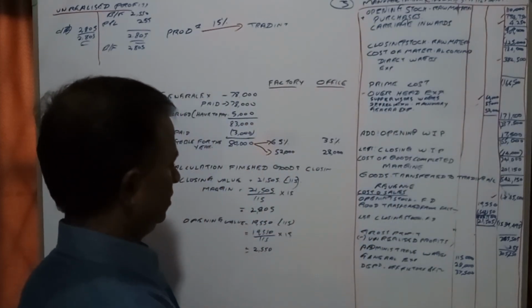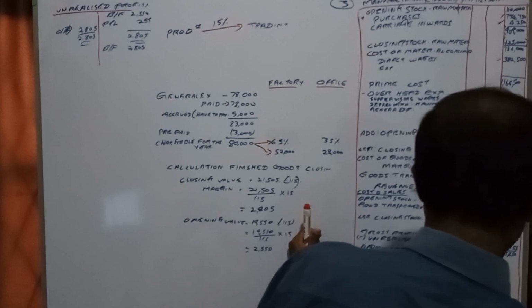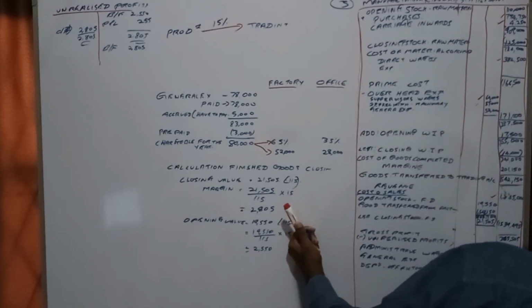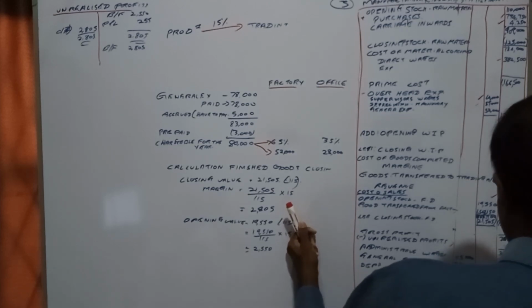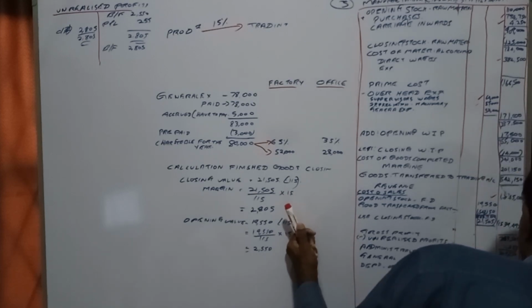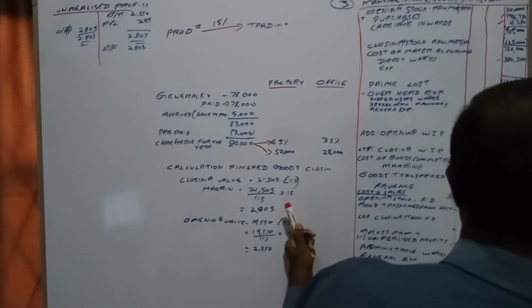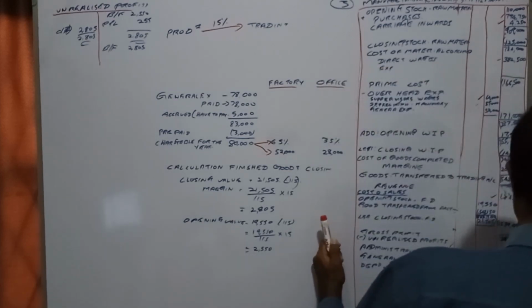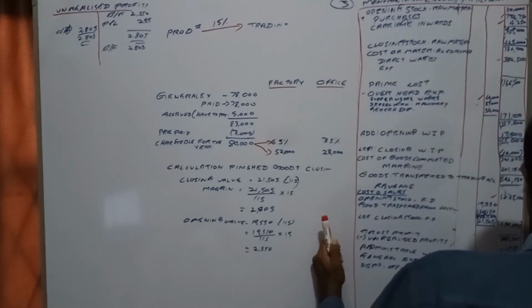Right? Now the expenses, admin expenses are 180,000. This has to be deducted, right?